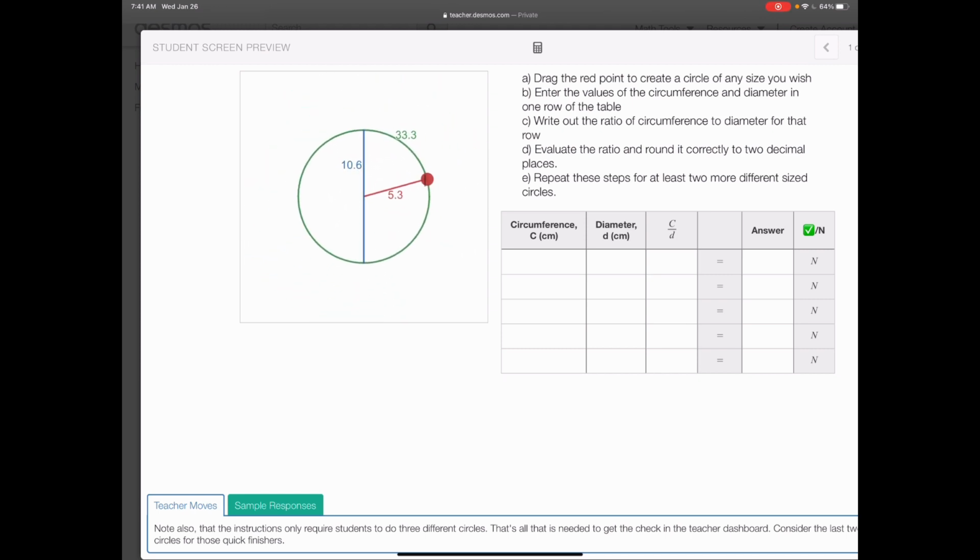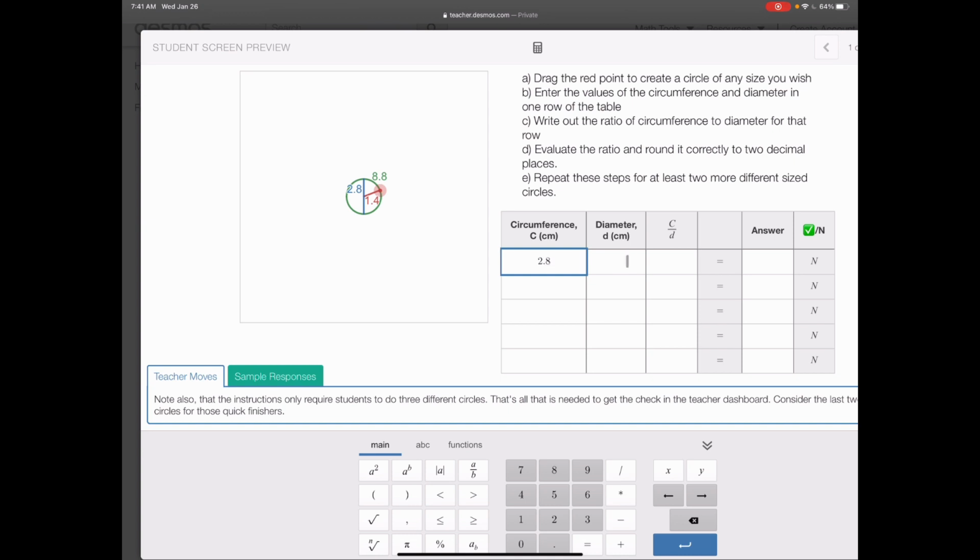We're going to start a little bit small. I don't know, let's start with something like 2.8 for the circumference and 8.8 for the diameter. Then we're going to do 8.8 divided by 2.8.